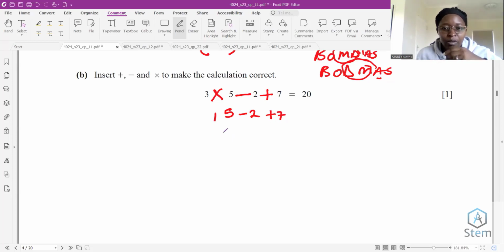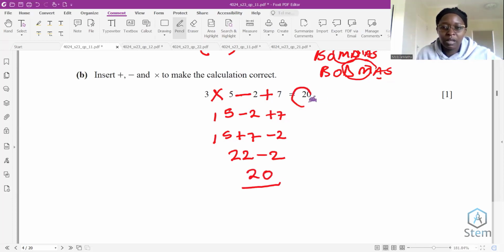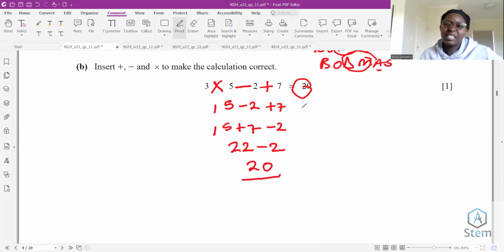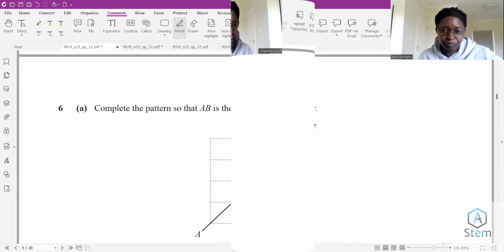It is going to give me 15 plus 7, then minus 2. So I'll get 22 minus 2, and this gives me 20, which is the value we are wanting. So this is how we can put the signs. For this one, there's no formula for working it out, but you can do trial and error and check if it's going to give you 20 as your answer.